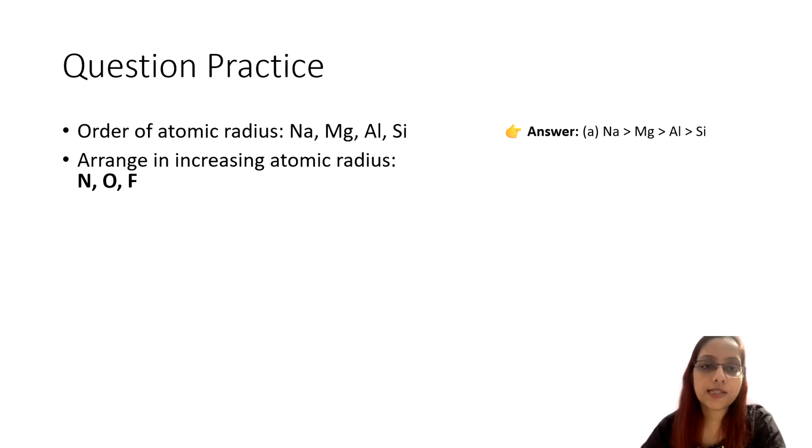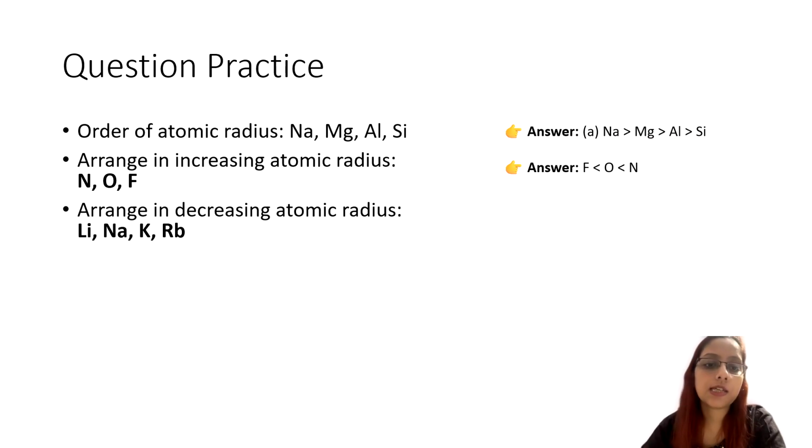These are in period 2 and atomic radius decreases across a period, so nitrogen is the largest and fluorine the smallest. So fluorine is smaller than oxygen, and oxygen is smaller than nitrogen. That is the order.